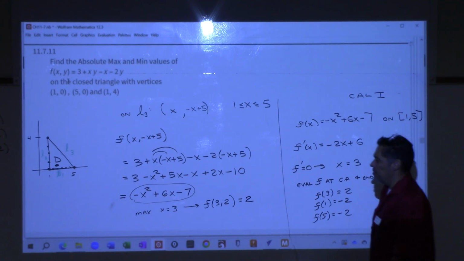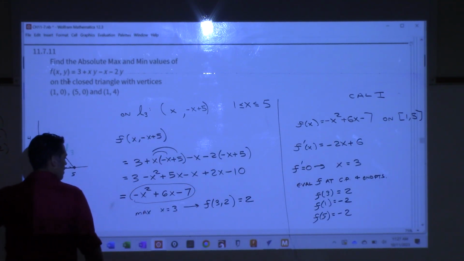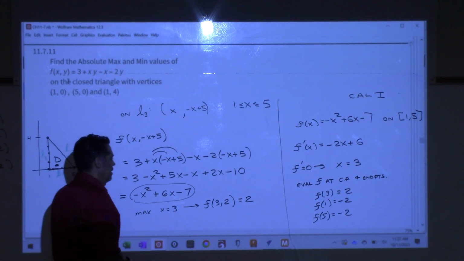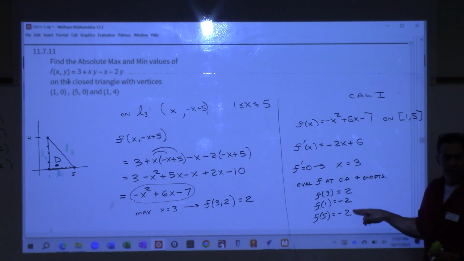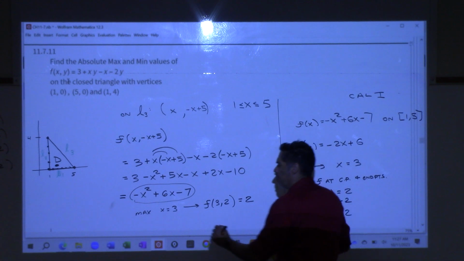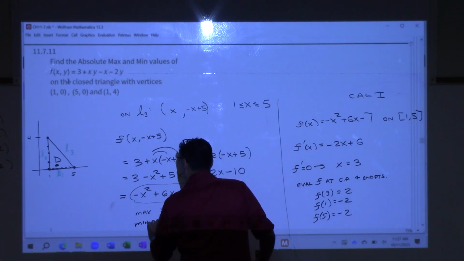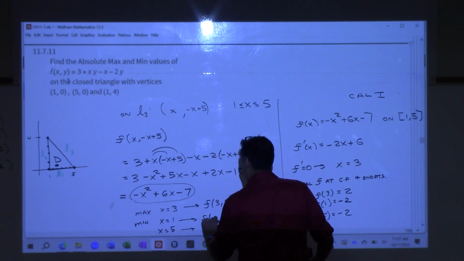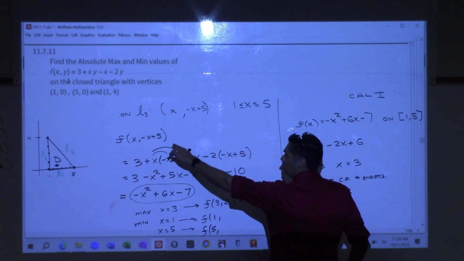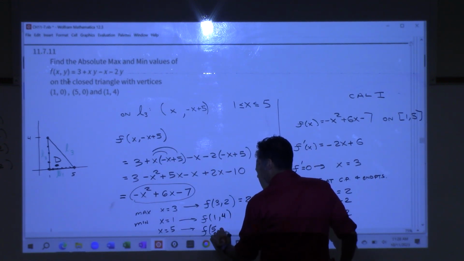So I add that to my list over here. When I plug in 3, 2, I get 2. And do I have a minimum? Yeah, I have it at 1 and 5, I get negative 2, don't I? So minimum when x equals 1 and when x equals 5, which really means when I plug 1 in here it would give me 1, 4, and when I plug in 5 into that, I get 5, 0.